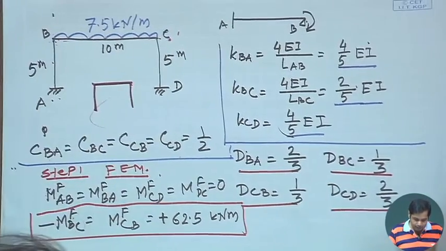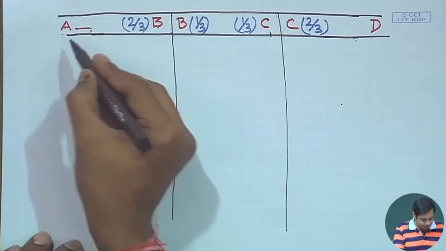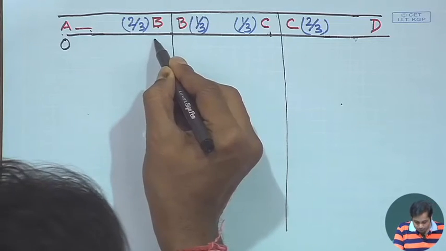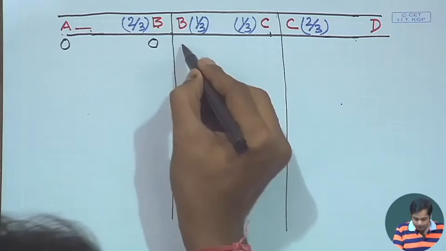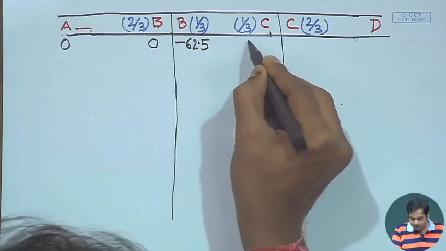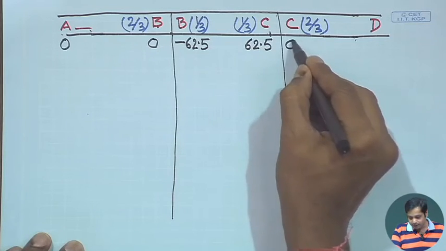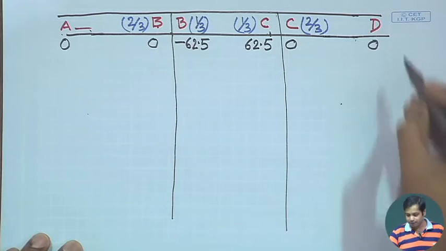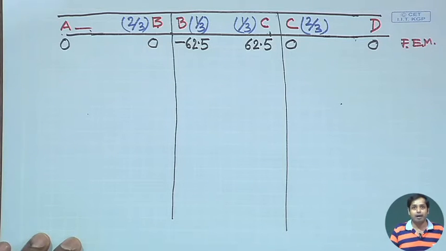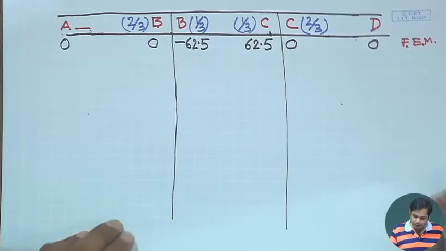So for member AB this is 0, and this is minus 62.5, and this is 62.5. Again this is 0 and this is 0. So this is the fixed end moment, right?